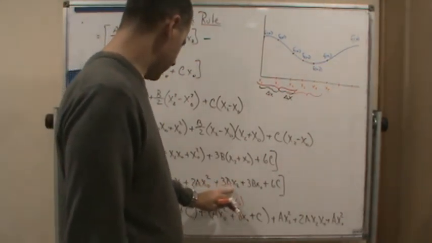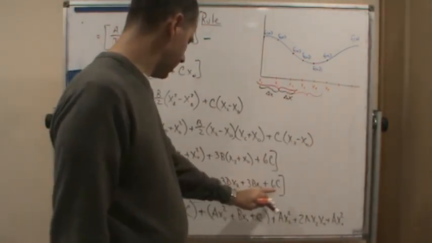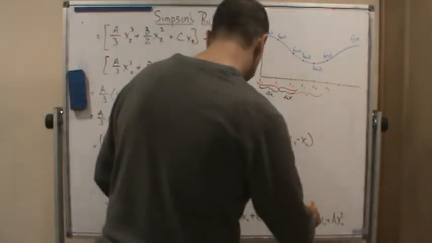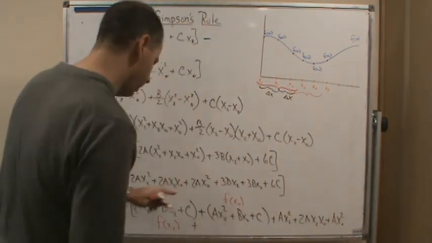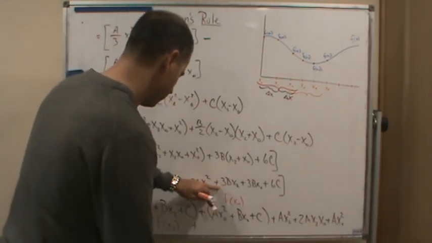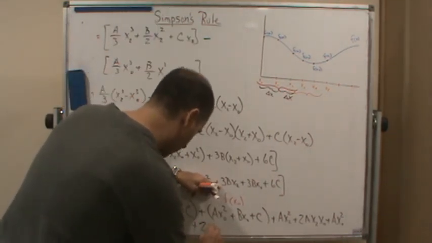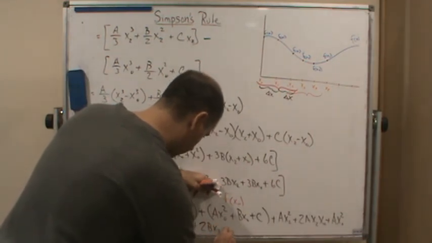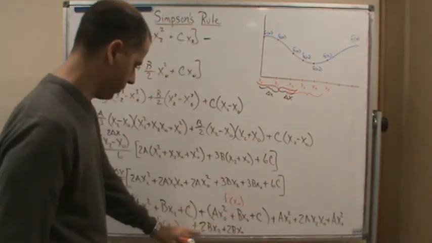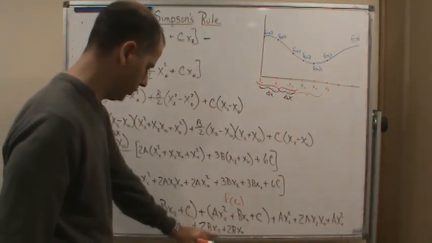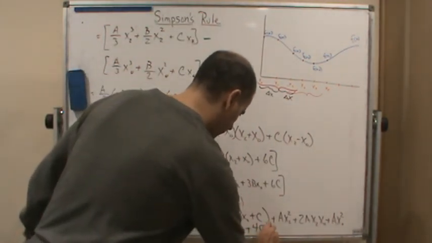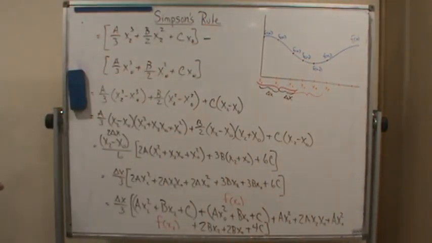And then we got two of these, and four of those. So plus 2bx2 plus 2bx0 plus 4c. Okay, so that's what we got left over.